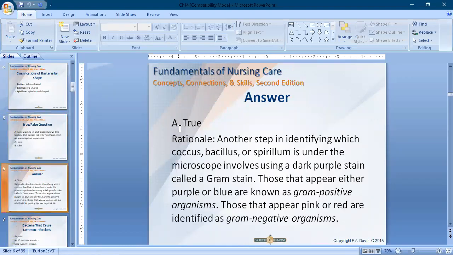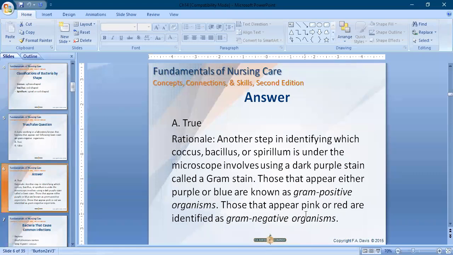Now go here. The identification of cocci, bacilli, or spiral ones under the microscope involves using the dark purple stain called gram stain. When it is dark purple, this is gram-positive. Those that appear either purple or blue are also known as gram-positive.